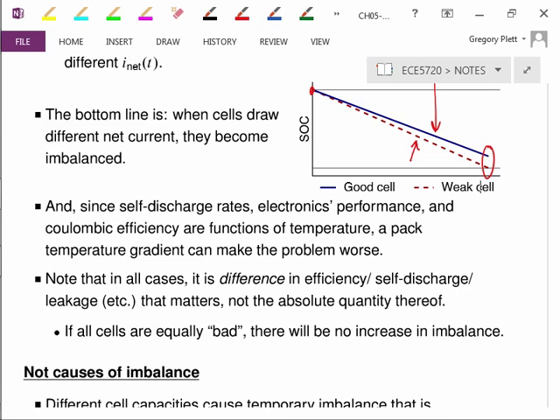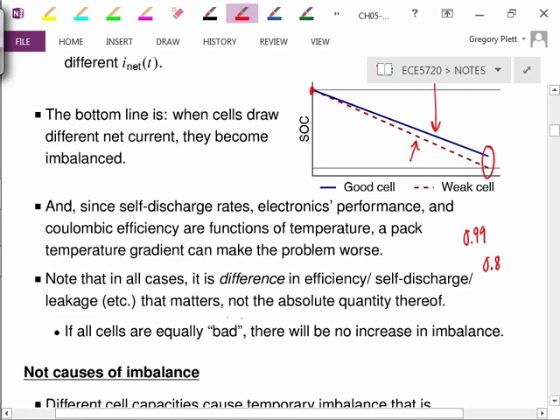If I had a coulombic efficiency of 0.99, which is pretty typical, maybe even higher than that. But if all of my cells in my battery pack had a coulombic efficiency of 0.8, that would be awful, but it would not lead to imbalance if they were all exactly 0.8, because when I'm charging, they would be losing just as much charge equally to each other.